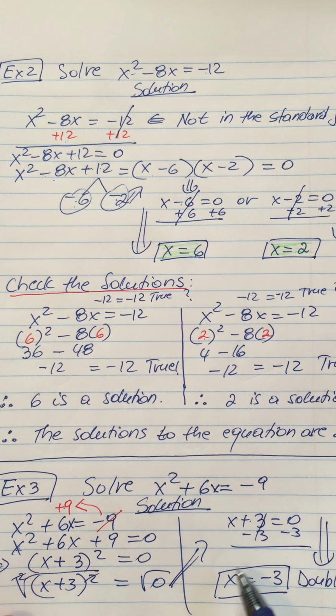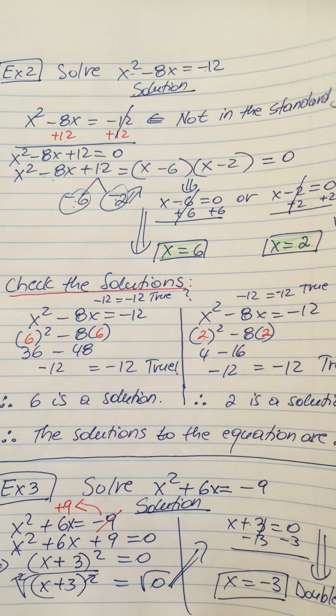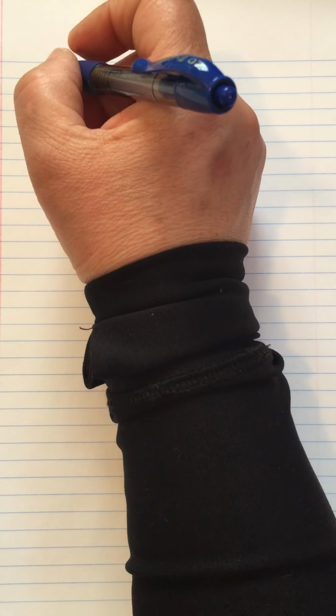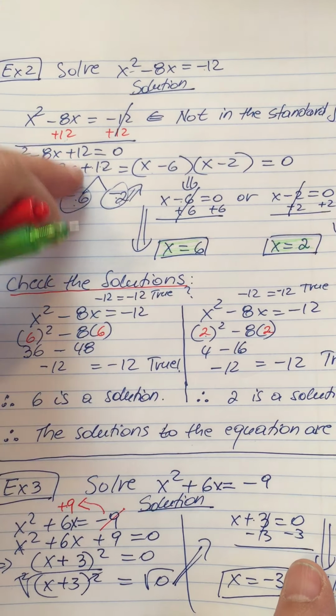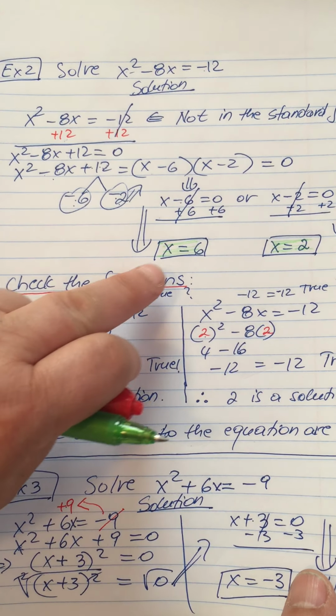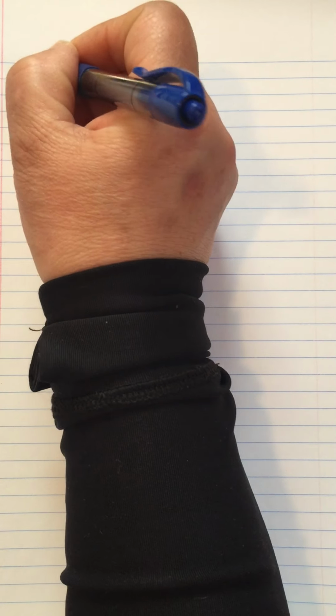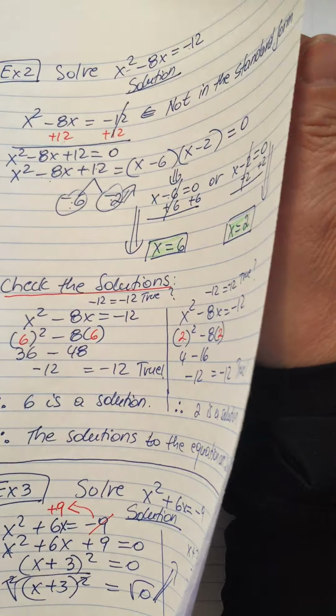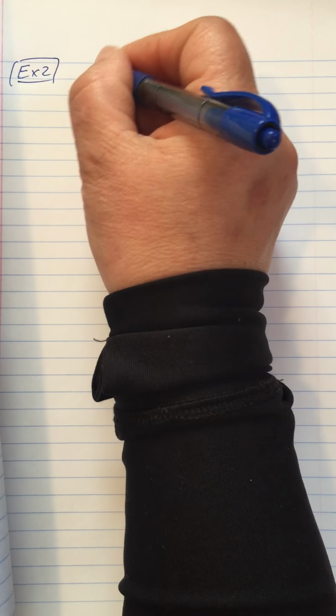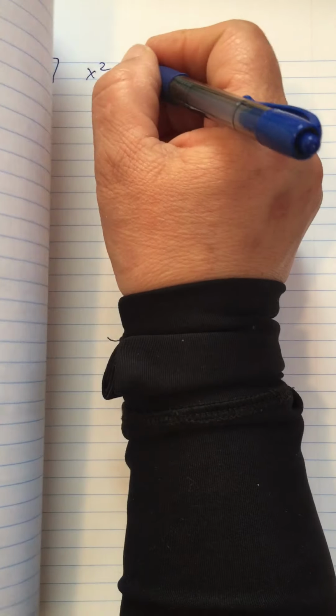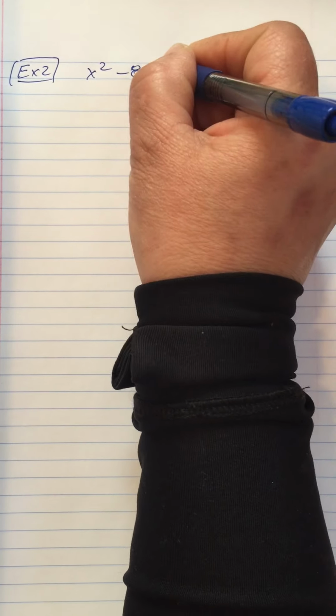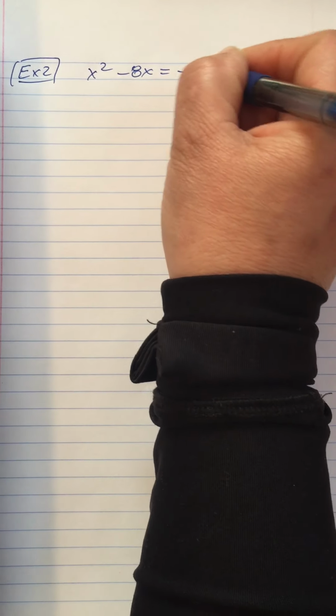And I will explain you why. Now it's time to introduce you to the graph of this equation. So I will take these two examples. So I had example 2, which is to solve x squared minus 8x equals to -12.